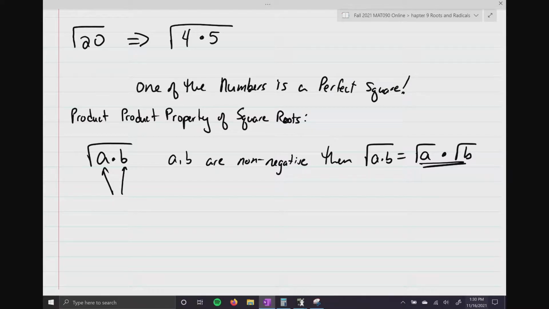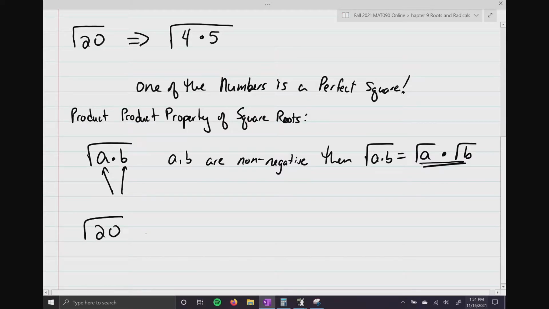So if you think about it, the square root of 20, I can rewrite as the square root of 4 times 5, which means I can break this up into the square root of 4 times the square root of 5.